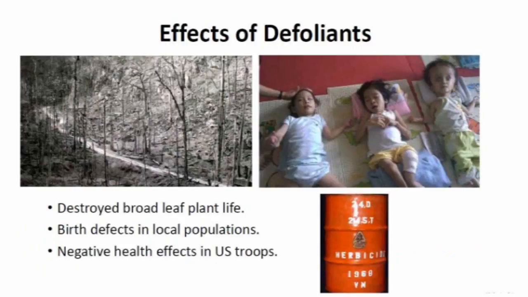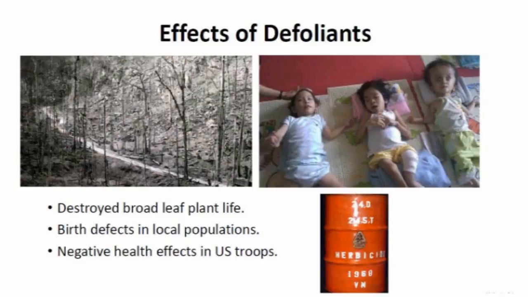Next slide. What was the effect of those defoliants? Of course, the intended purpose was to defoliate the forest so they could see the transportation of war material. The secondary effects were absolutely horrible. I haven't really shown you very many pictures, but I will show you one on the right. It's horrible. These are the genetic effects on the local population. It destroyed the broadleaf, of course.